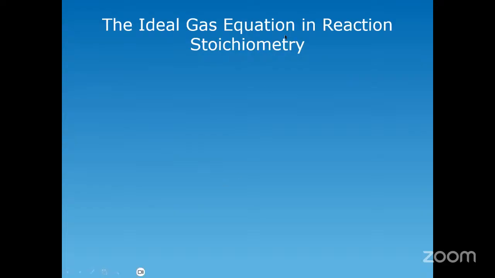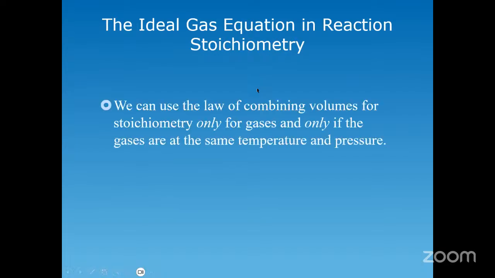So just to remind you, the ideal gas equation is, of course, PV is equal to nRT.